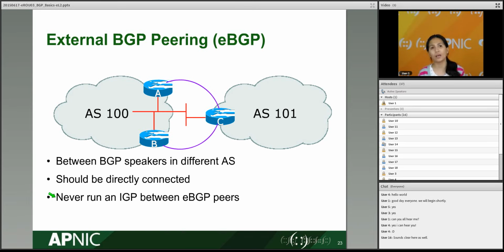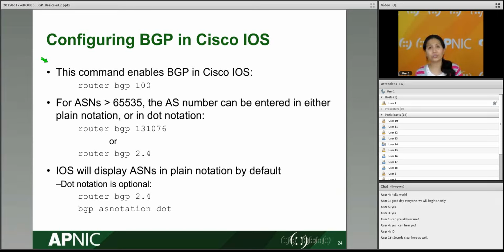Generally it should be a different network, because your customers, your upstream and all the other networks that you're peering with will have their own routing policies, and you define those routing policies in your BGP. So you don't run IGP between these, because it should be BGP where you can set up your own policies. You can allow which ones are allowed in and out of your network. Any questions on that? So that's the main thing that you have to understand.